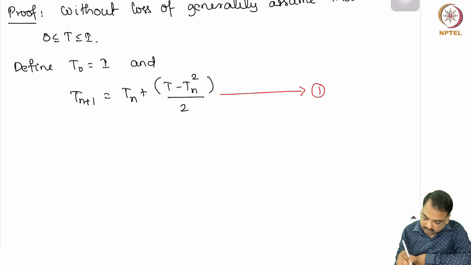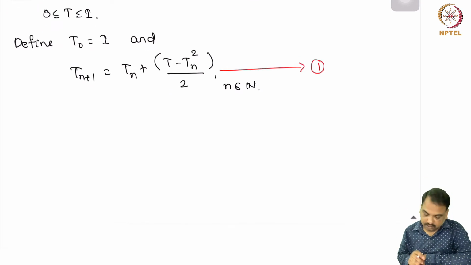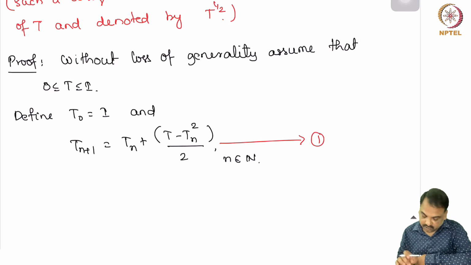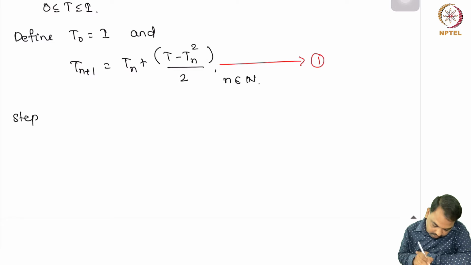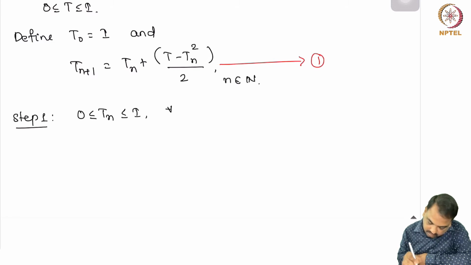This is for all n in N. Now we want to show that this Tn converges to B where B square equals T. To prove this, we use the monotone convergence theorem. First we show, step 1, that 0 is less than or equal to Tn less than or equal to identity for every n.